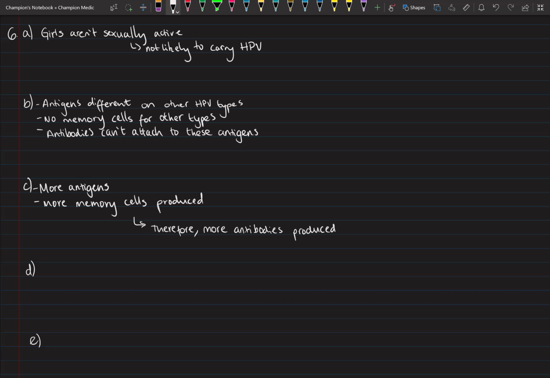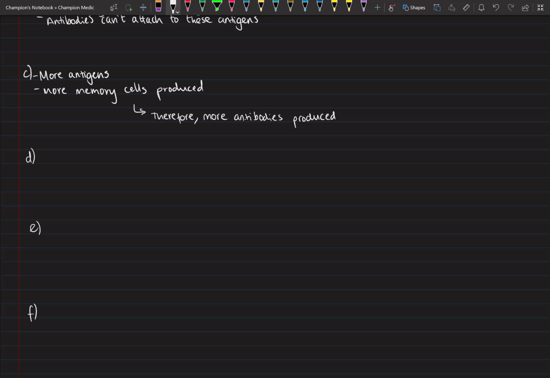Part D. It will take a long time for us to know if the vaccine has worked because, firstly, it will take a long time for cancer to develop itself. So cancer takes many years to develop. And it also will take time for there to be enough sexual activity for them to even come into contact with the virus.